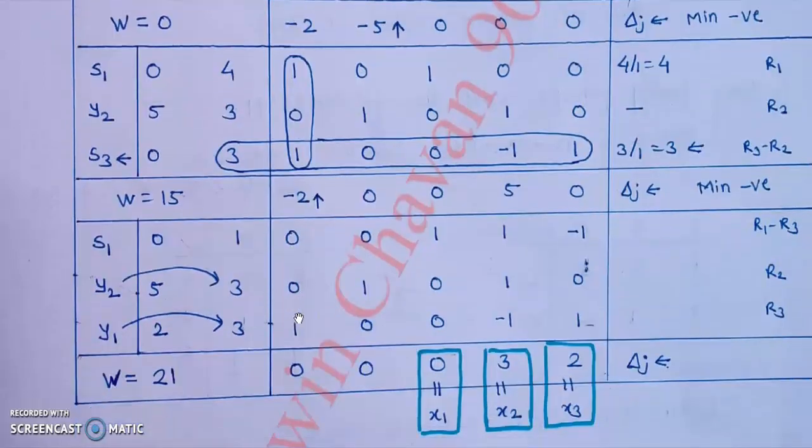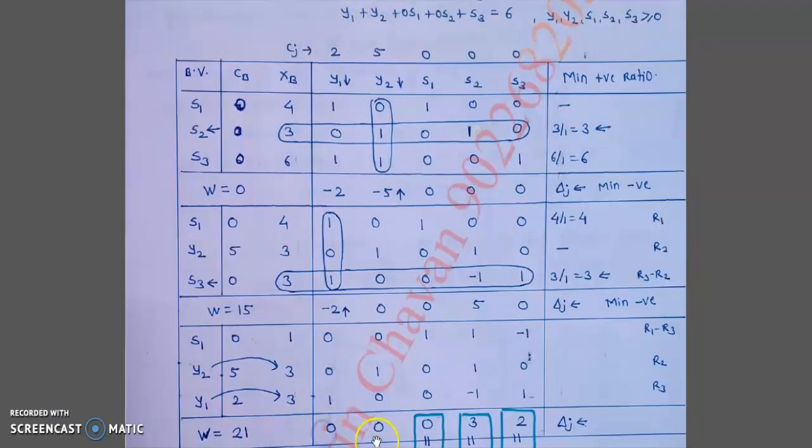Now we calculate the W value again. Then we calculate the delta j row using the usual method, that is 0 into 0 plus 5 into 0 plus 2 into 1. So the total is 2 minus the top element 2, that's why 0. The next delta j value is 0 into 0 plus 5 into 1 plus 2 into 0. So the total is 5, and 5 minus 5 is 0.